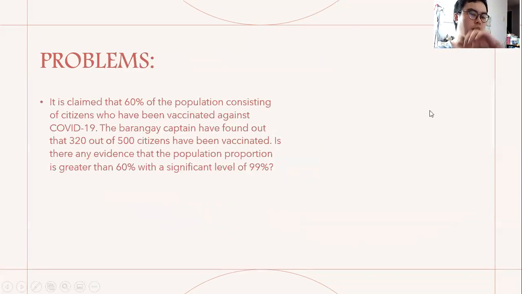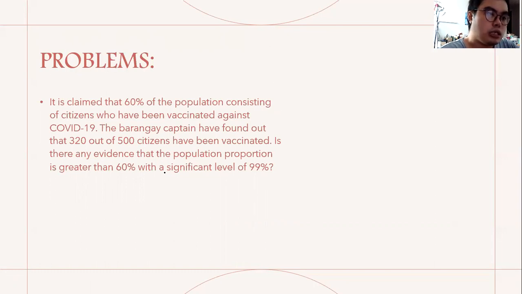Our first problem states that it is claimed that 60% of the population consists of citizens who have been vaccinated against COVID-19. The barangay captain found out that 320 out of 500 citizens have been vaccinated. Is there any evidence that the population proportion is greater than 60% with a significant level of 99%?